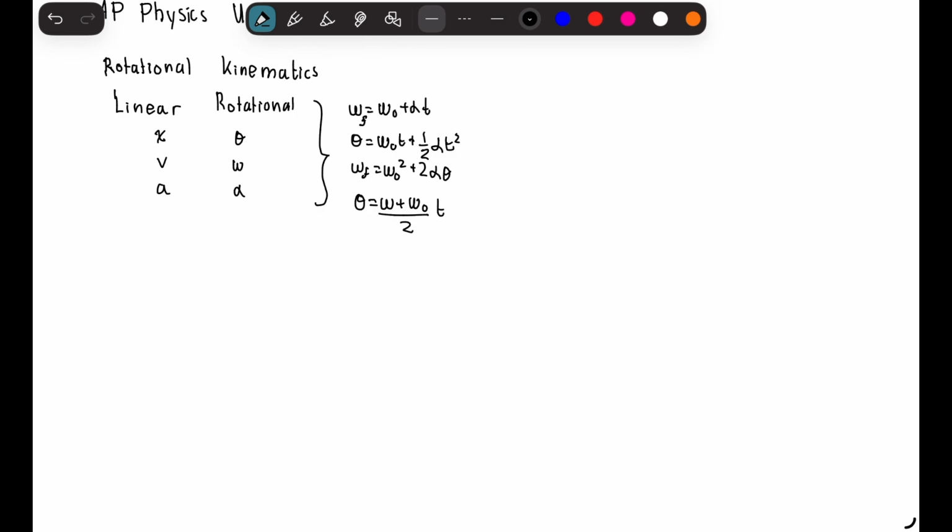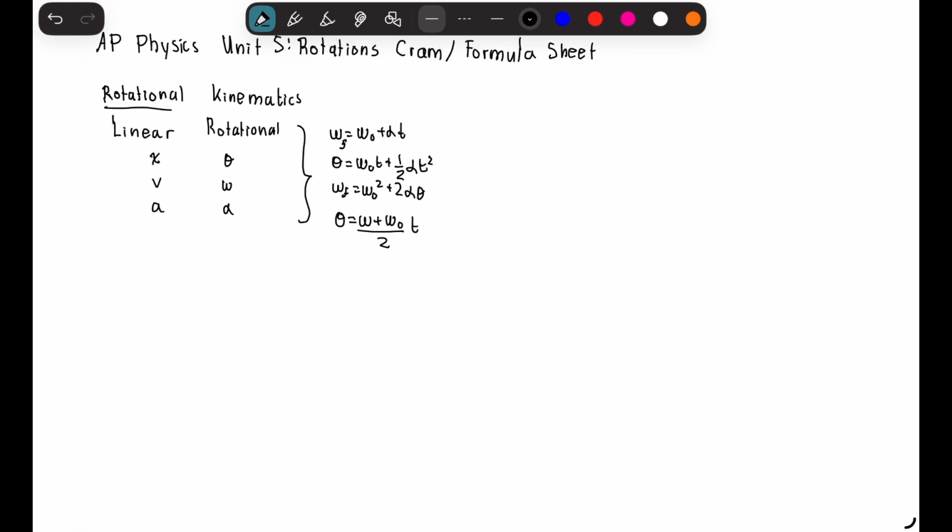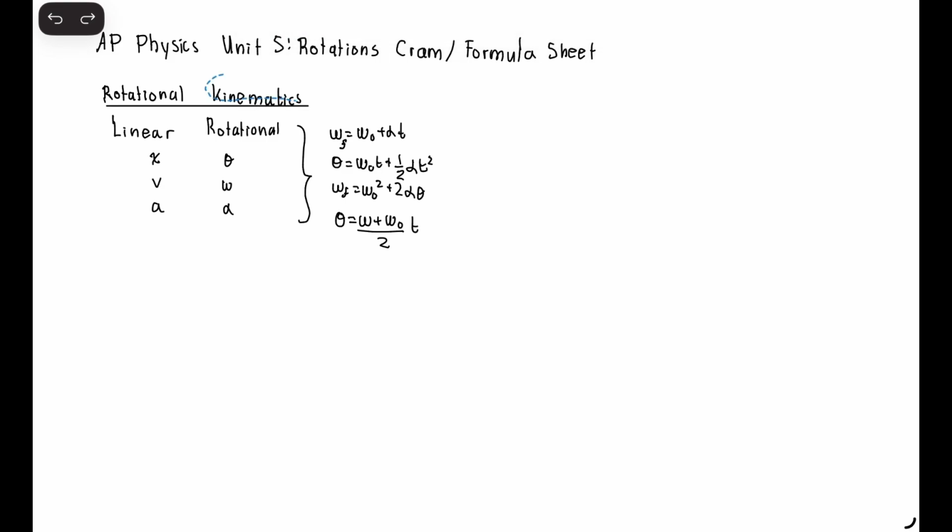So those are the equations you have to know for rotational kinematics.